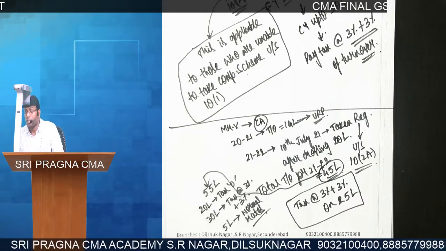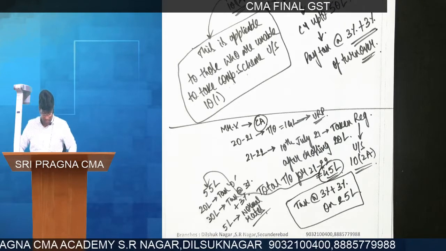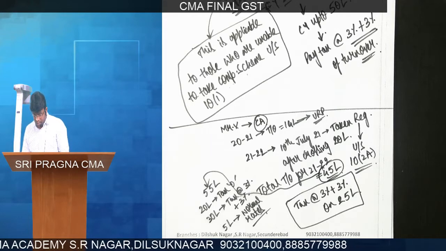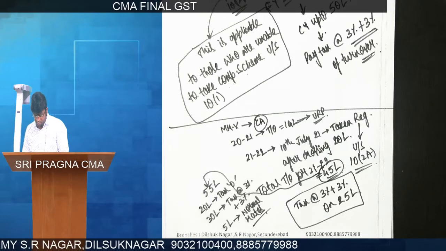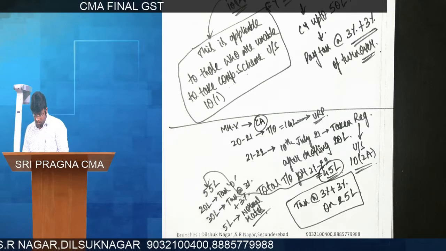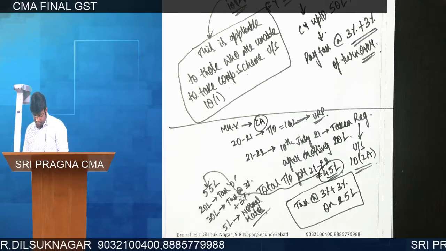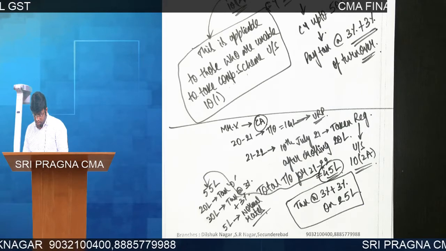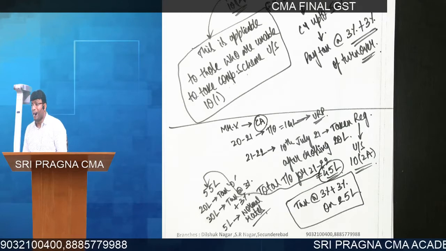Points to be noted. First point: a composition registered person cannot issue a tax invoice.